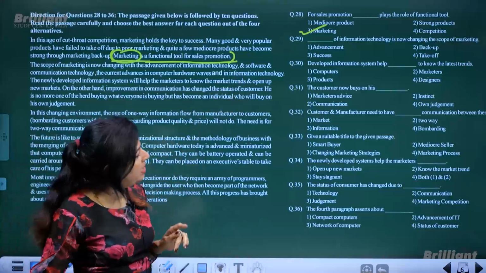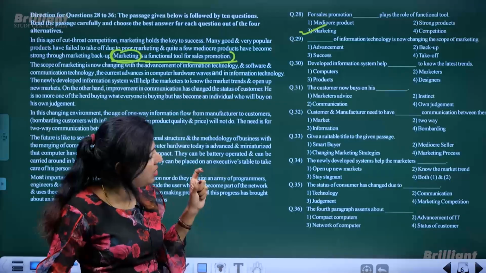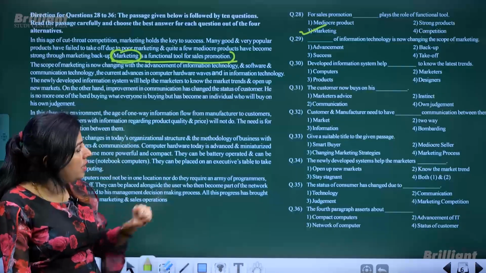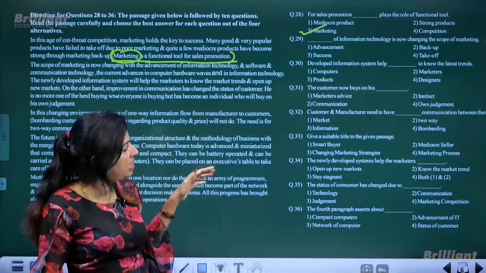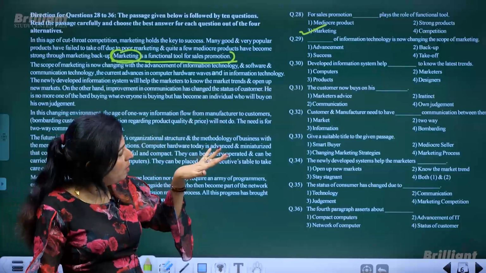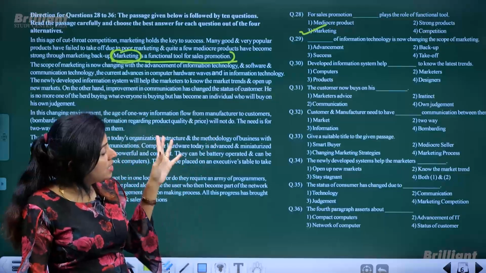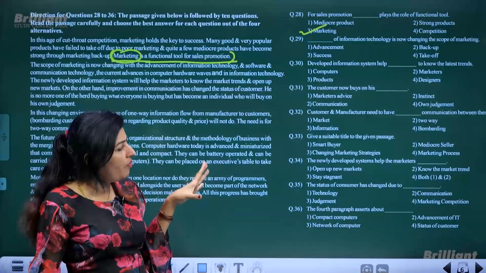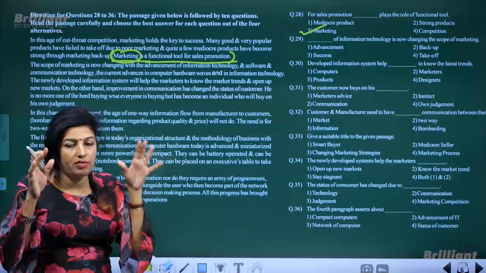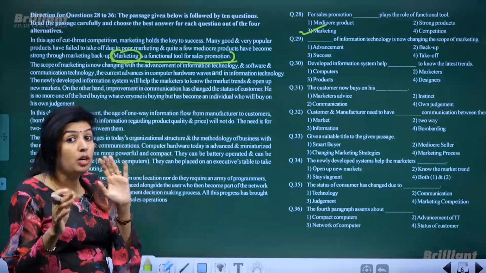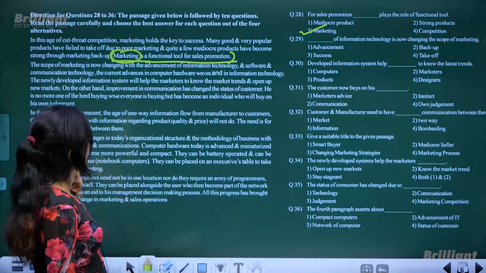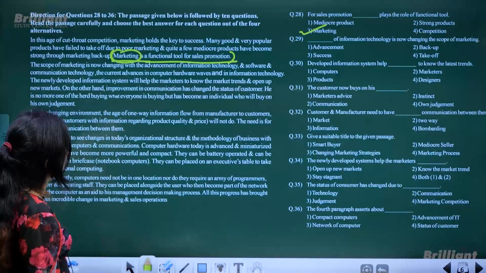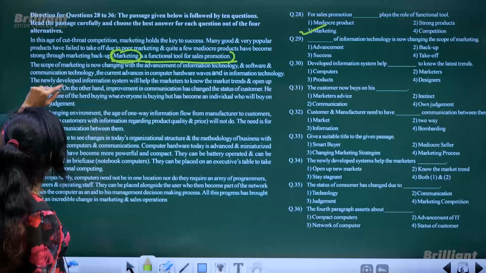Now next is, dash of information technology is now changing the scope of marketing. Is it advancement of information technology, or backup of information technology, or success of information technology? When you read it, in general we feel that all the options are correct, but you need to find out from the passage what exactly is now changing the scope of marketing.